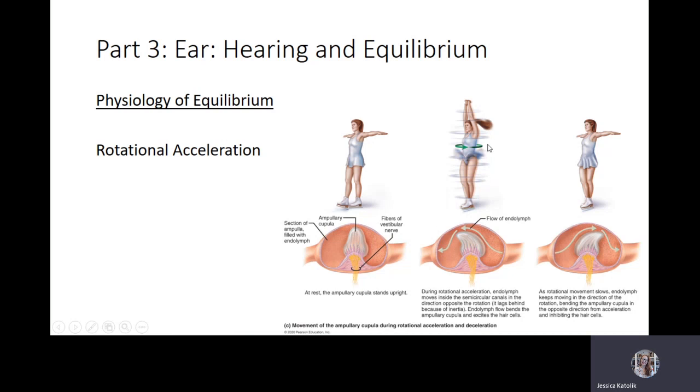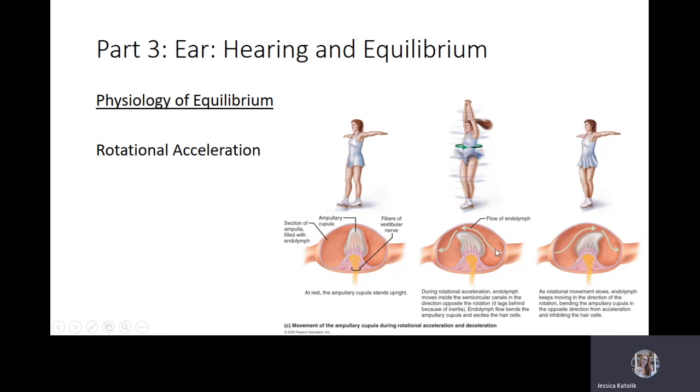But as the figure skater starts to turn, the semicircular canal and the semicircular ducts will move along with her in the direction that she is spinning.